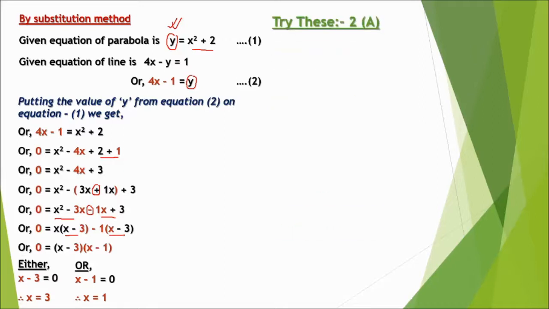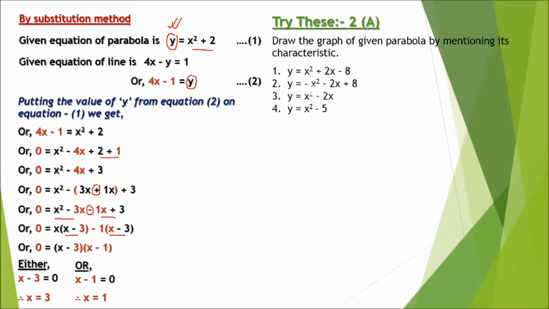Now try this 2a. Here you will get the questions related to examples 2 and 3, mentioning the characteristics. All 4 questions are done as in examples 2 and 3.